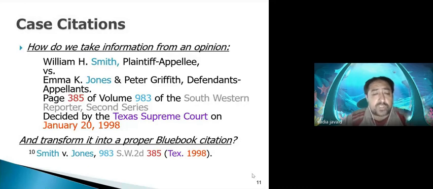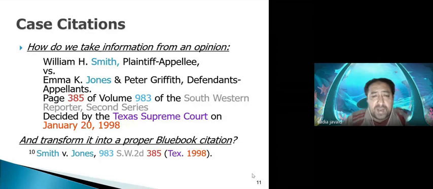And if you work on ISO standard books, they are basically the same as working in their classes, and transform it into a proper Blue Book citation. The upper one is general, and beneath it you see it summarized in Blue Book format. William H. Smith has been erased. Plaintiff appellee has been removed. Only Smith is there. And versus Jones, Emma K., has been eliminated.